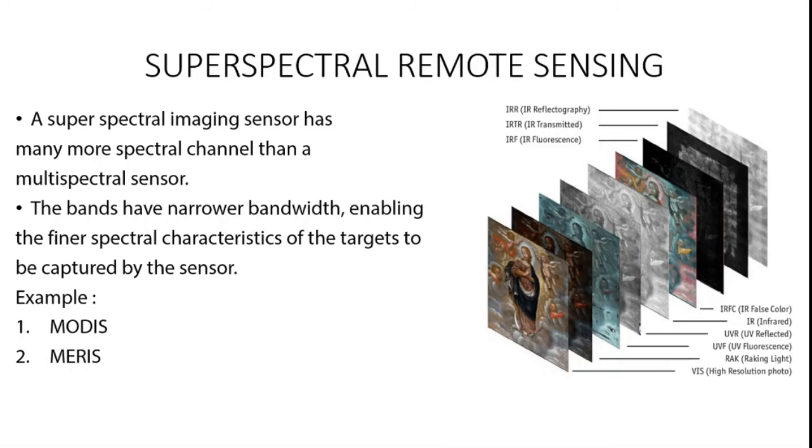So in multispectral, as in the apple, we can see only 2 to 3 colors, but when you compare multispectral and superspectral, in this image you can see there are more bands, from black and white to different shades of color, and finally you get a proper image where you can identify what the object or phenomenon on the earth is. The sensors used in superspectral remote sensing are MODIS or MERIS.